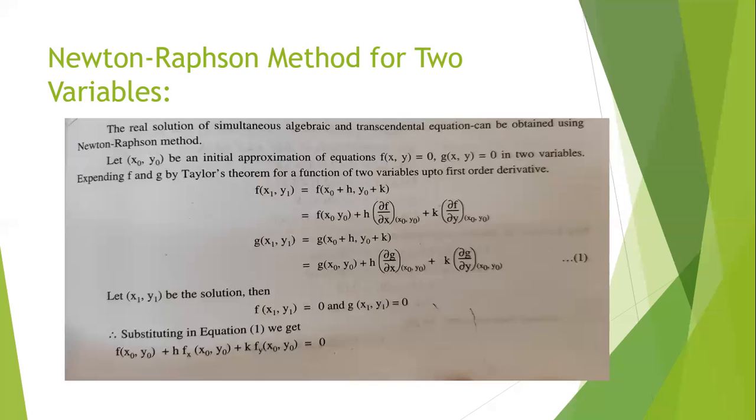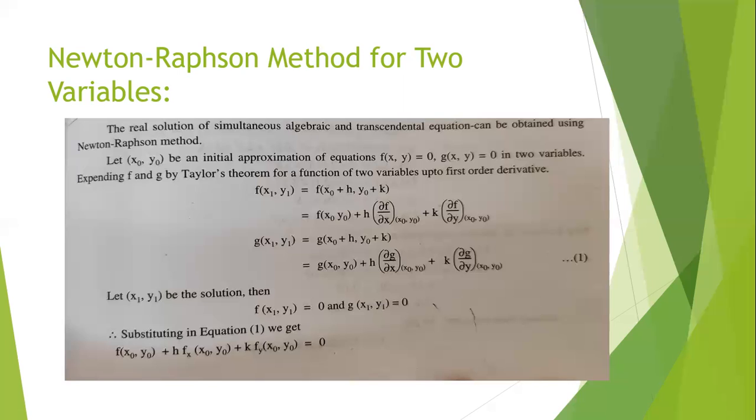Plus k, which is also a constant, into the partial derivative of function f with respect to y, with x constant, and put the values of x and y, that is x0 comma y0.